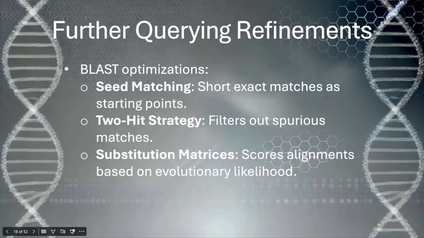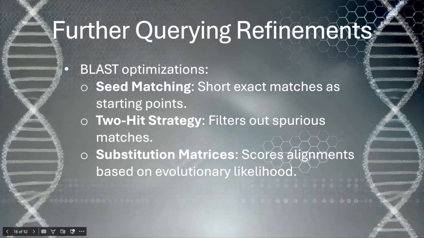BLAST, one querying tool for Entrez databases, refines heuristic searching through several methods. Seed matching focuses on short, exact matches to serve as starting points for further exploration. The two-hit strategy increases accuracy by requiring two seed matches close together before advancing and searching further in the region.